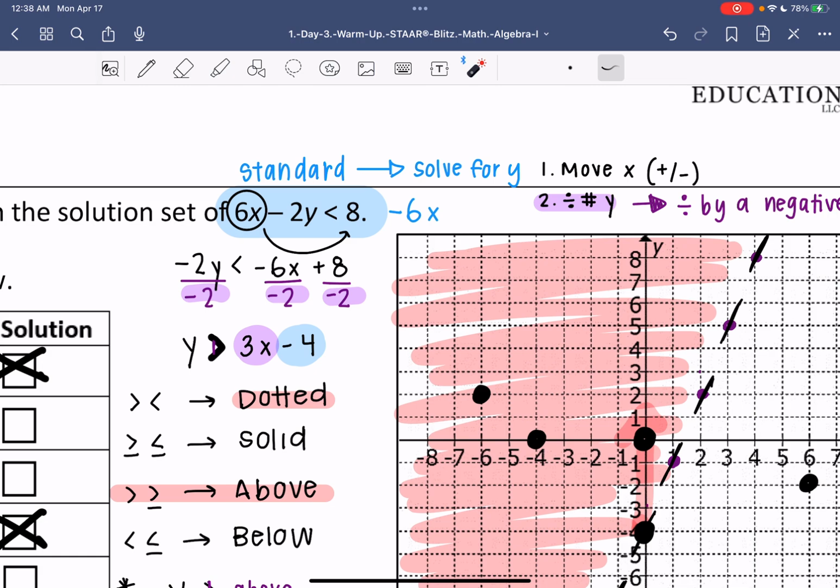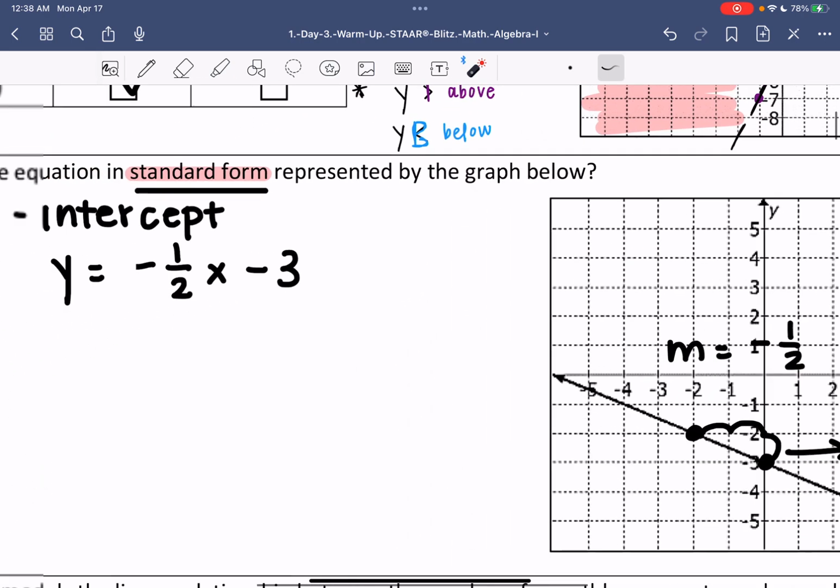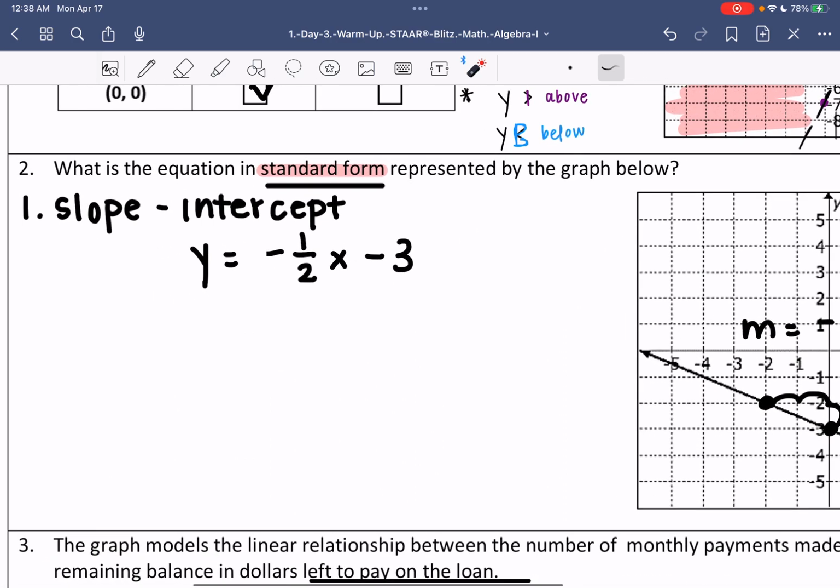So usually step 1 is move x away from y. Well, step 1 over here, when we're trying to change it from slope-intercept to standard form, is to move x with y. So you're going to move it the same way.